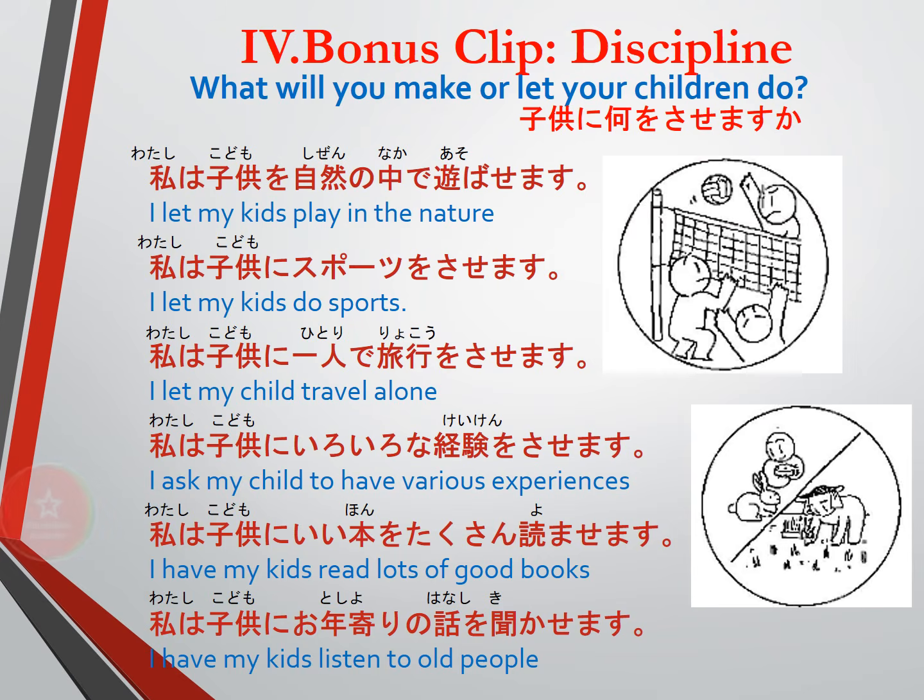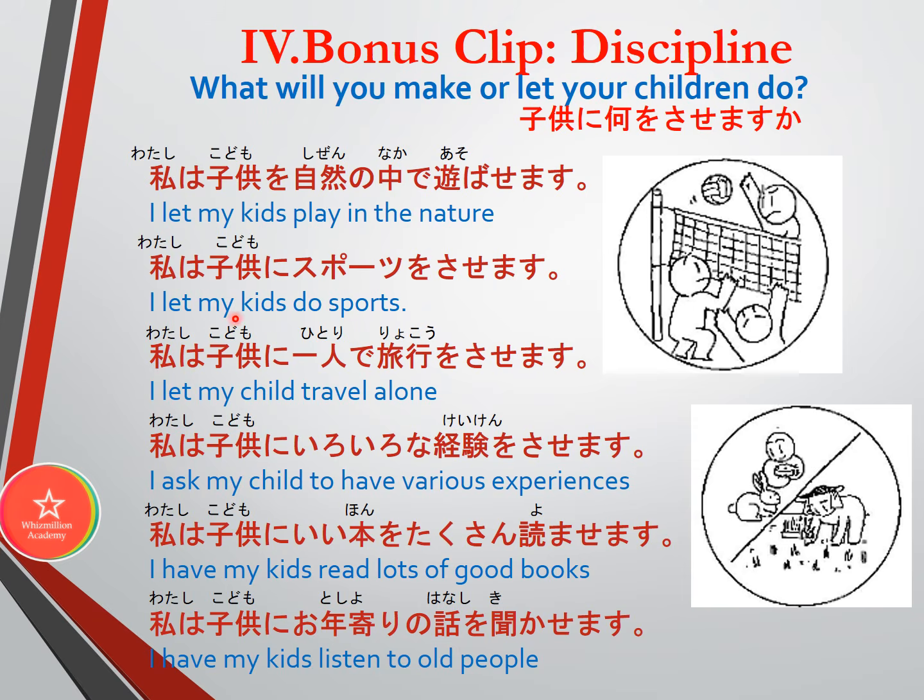Well, here are some examples of sentences that explain what we make our children do or what we let our children do using the shieki form. I let my kids play in the nature. 私は子供を自然の中で遊ばせます。遊ばせます is an intransitive verb, so the particle attached to 子供 is を.